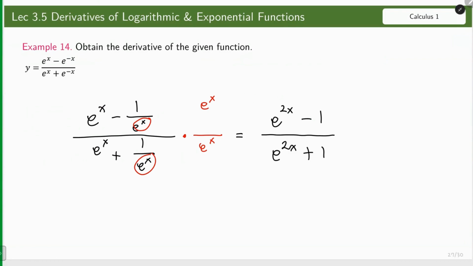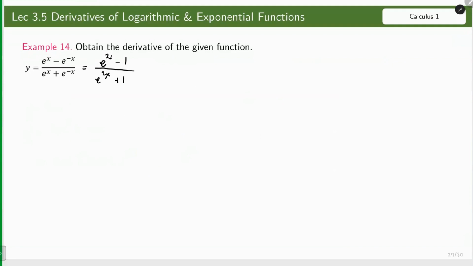So this one is easier than the first given because as you can see, we already have 2 exponential expressions only instead of 4. This is equal to e raised to 2x minus 1 all over e raised to 2x plus 1. So this still takes the form u over v quotient.